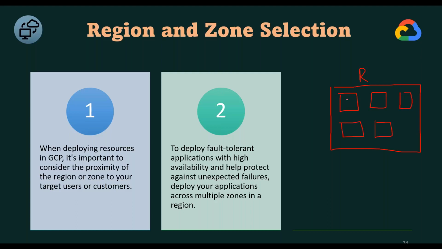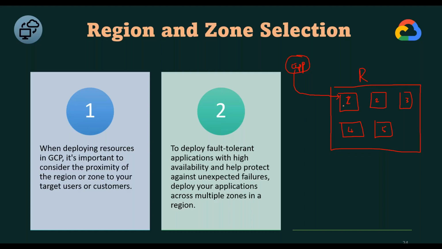This is 1, 2, 3, 4, 5. Whenever you are deploying your application, if you deploy it in only one zone, and that particular zone is crashed due to some issues, your application cannot be used by the users.